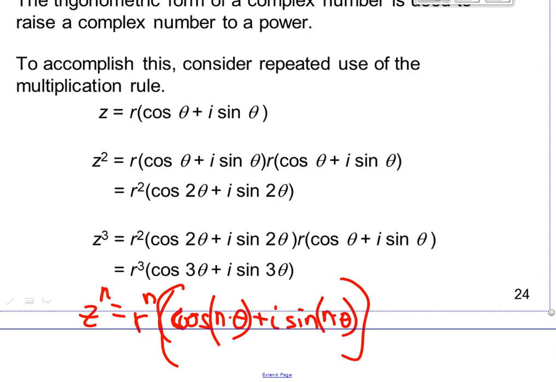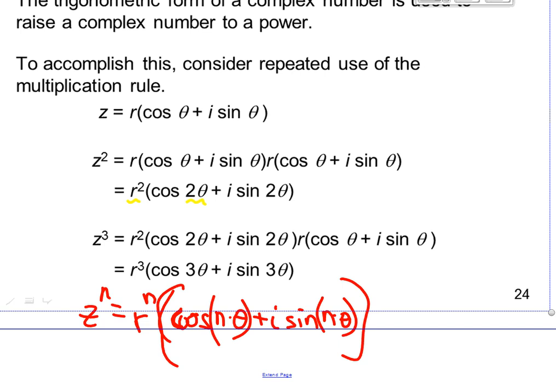So if we're going to take z equals r cosine theta plus i sine theta, and instead of taking z1 times z2, we're just going to take z times z. And then notice that that's going to be r squared times the cosine of 2 theta.